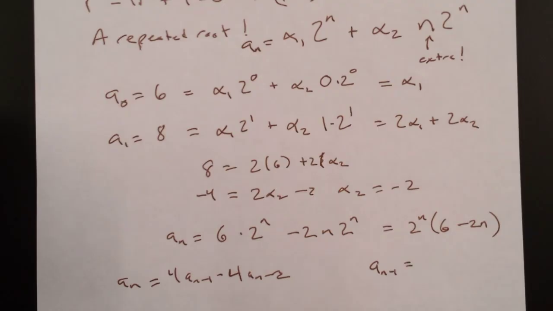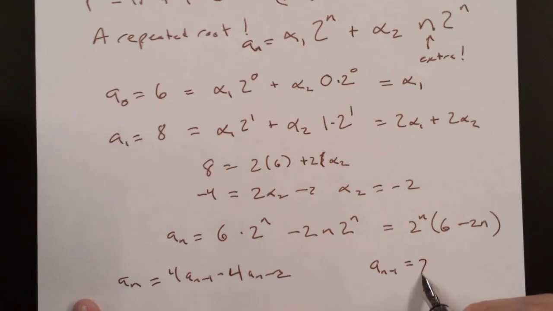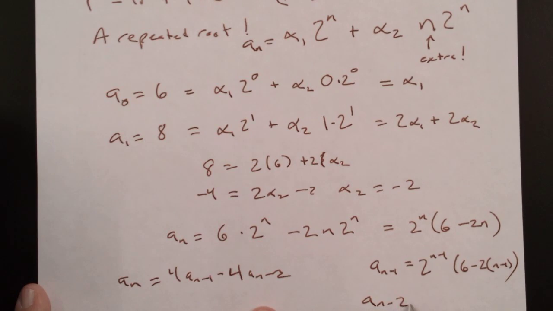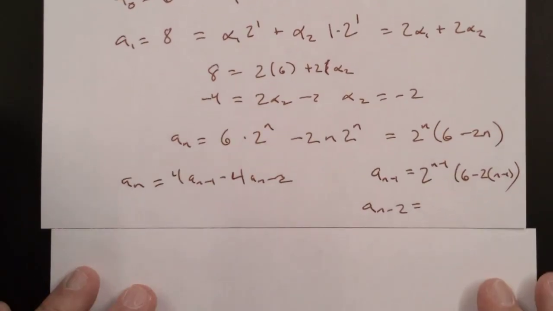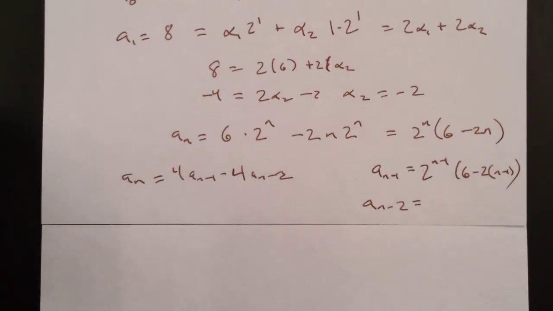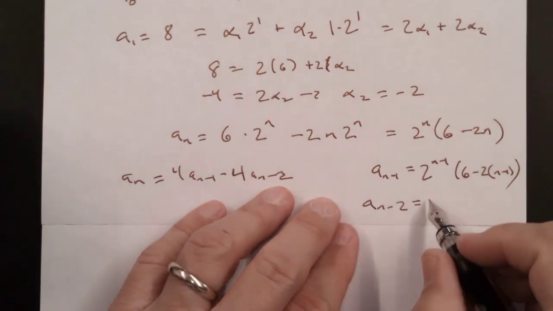Just replace your n with an n minus 1. What's A_{n-2}? Same thing with minus 2.